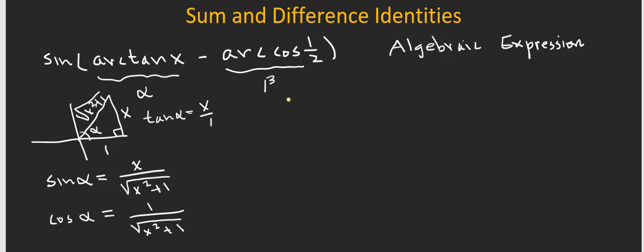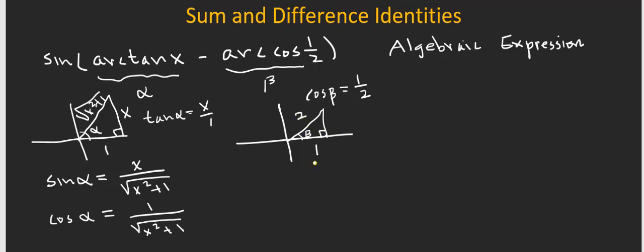So this means cosine of beta. Cosine of beta is 1 over 2. So let's draw a triangle. There's a beta. There's a right angle. Now cosine is x over r. So what is this y value then? Well, using the Pythagorean theorem, that's going to be radical 3.